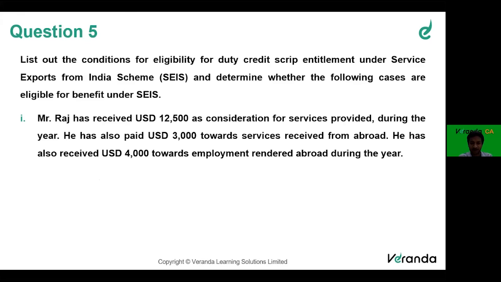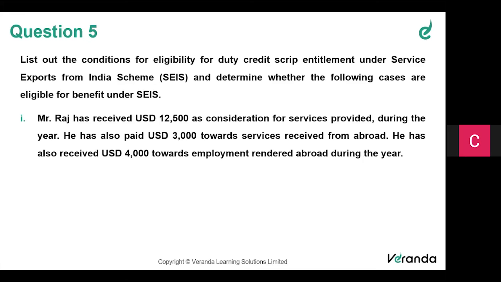So first question, anyone wants to answer? Yes, sir. If we review the service, the net impact is 12,500 minus 3,000, which is 9,500. Raj is an individual, so for claiming this script benefit, Raj should get a net benefit of at least 10,000 USD.